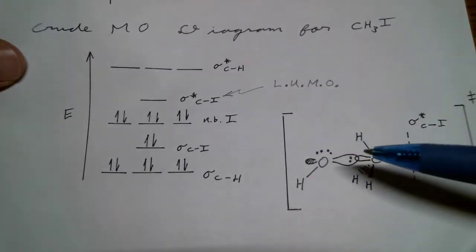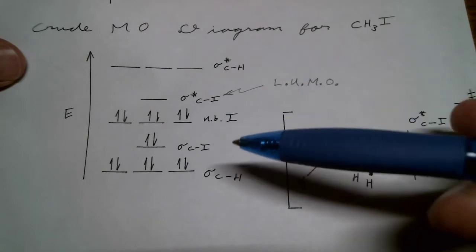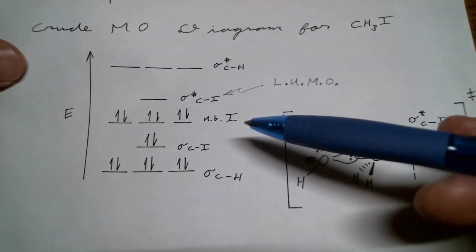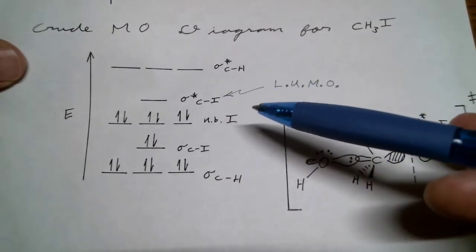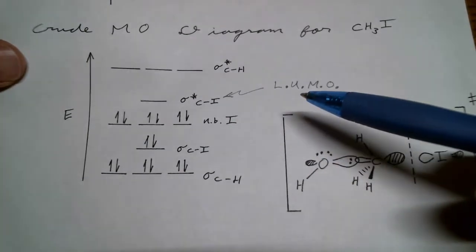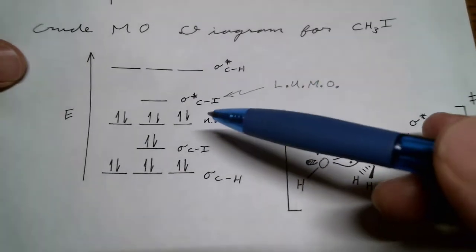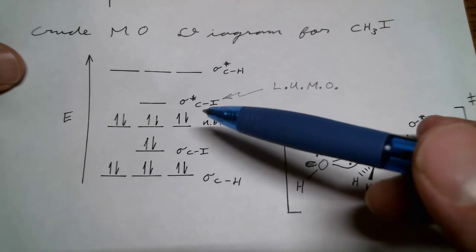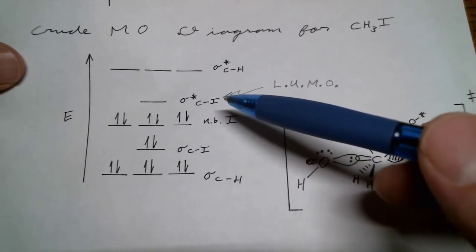Well, we know that our methyl iodide has an electropositive carbon. It's going to want to accept electrons from a nucleophile, so it will be taking those electrons into the lowest unoccupied molecular orbital, and that will be the antibonding carbon-iodine molecular orbital.